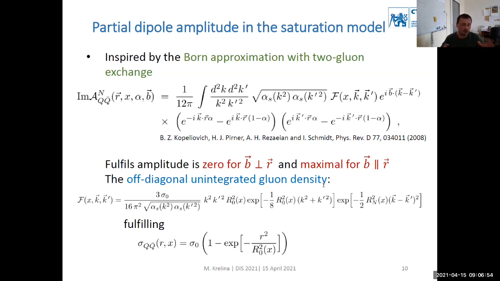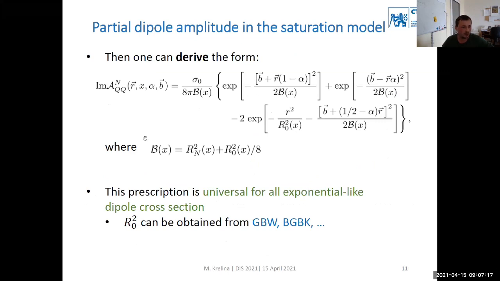Of course, if you build such a new model, you need to fulfill some conditions. In the case that b and r are perpendicular, they need to give zero contribution, and on the opposite, if they are parallel, it should give the maximal contribution.